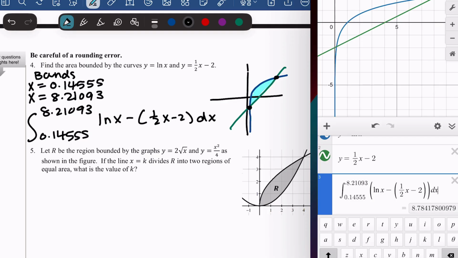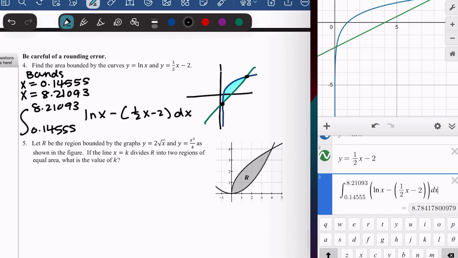Okay, and when I do that, I get 8.784. So once I get down to that final answer, it's okay to round to 3 decimal places.